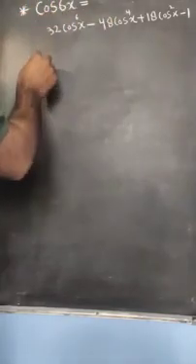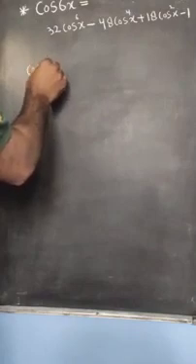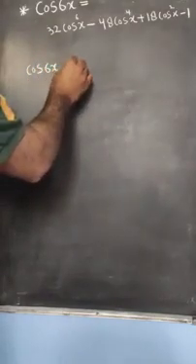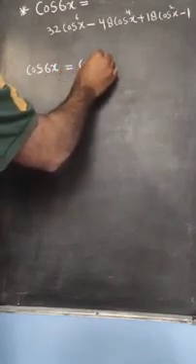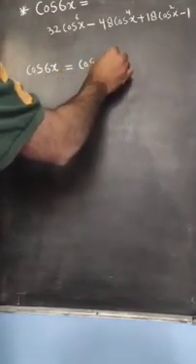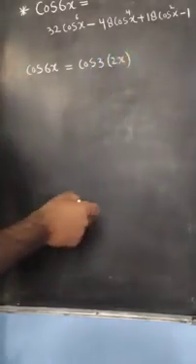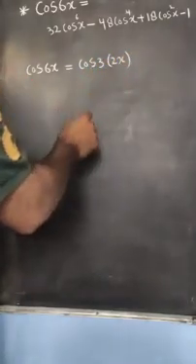Now in LHS we have cosine 6x. We can write this as cosine 3 into 2x, that is cosine 6x.